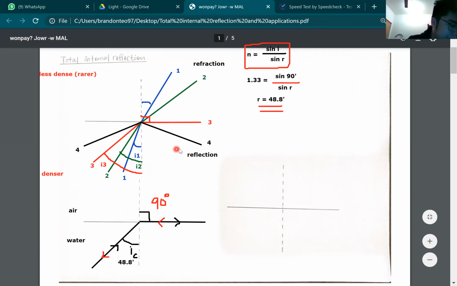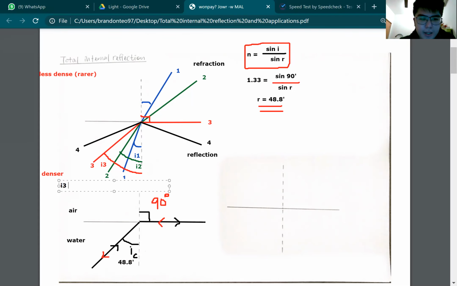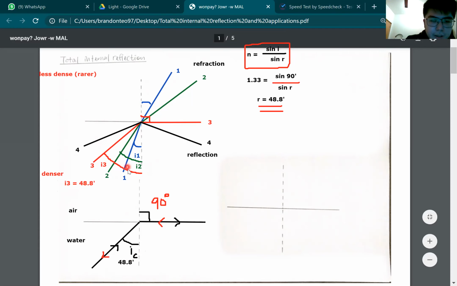Let's take I3 as 48.8, our critical angle for water. So I3 equals 48.8. I don't need to redraw the diagram. So ray number one and number two. Now we are going to start from ray number one and increase its incident angle.